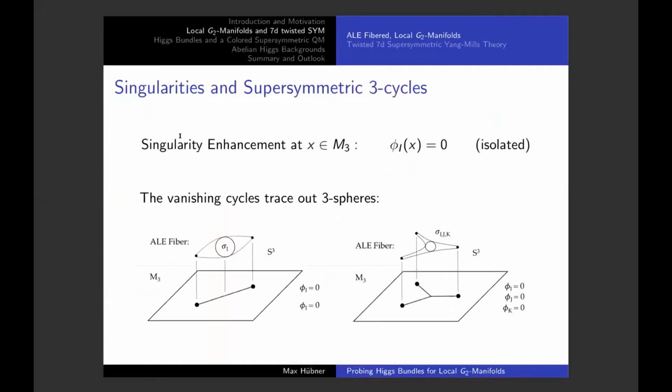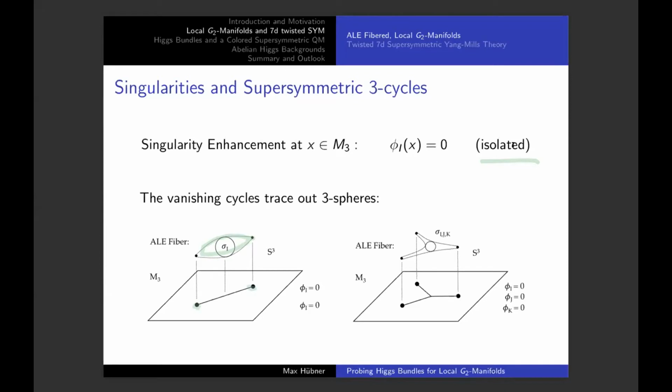Right. So there are these Higgs fields. They have zeros, and whenever the Higgs field has a zero, the singularity in the geometry enhances because the 2-cycle collapses. We'll assume that this happens at isolated points on the base manifold. Another job of these 2-cycles is that they trace out supersymmetric 3-cycles. So here on the left, I've drawn a supersymmetric 3-sphere, which is traced out by a single such 2-sphere. This 2-sphere collapses in two fibers above two distinct points of the base.